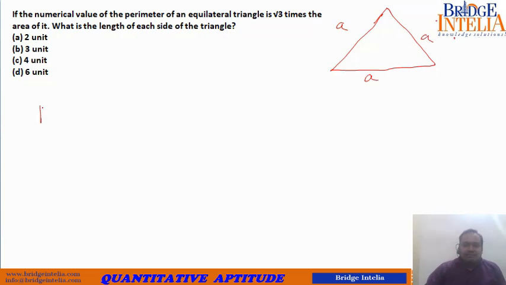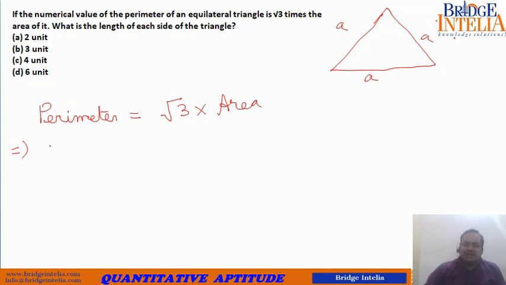Perimeter, this is what is given to us, that perimeter is root 3 times the area. This is given, and based on this information we have to find the length of one side. So perimeter will be equal to what? Sum of all the three sides. So a plus a plus a, 3a.